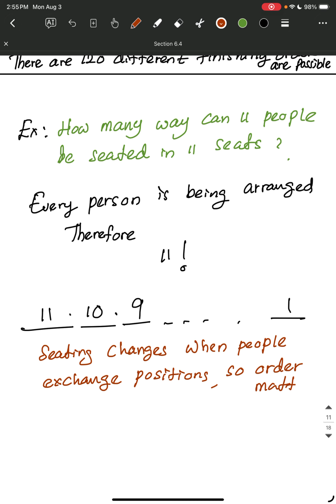Then, a disc jockey has 13 songs available and chooses 7 songs to play in order. Because the order of songs matters, how many ways can we select 7 from 13?